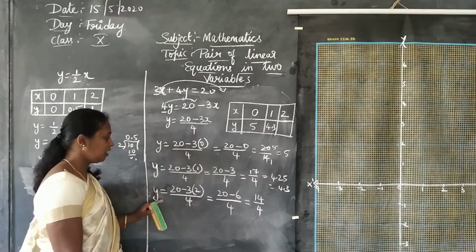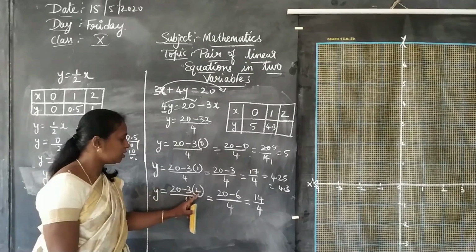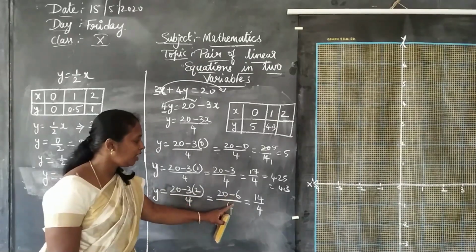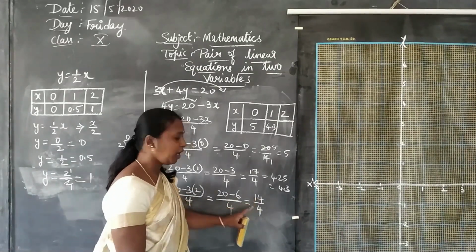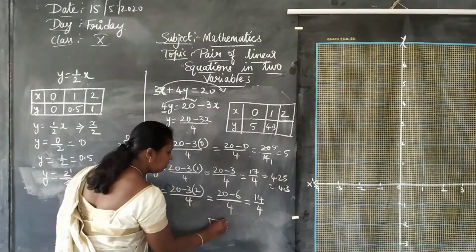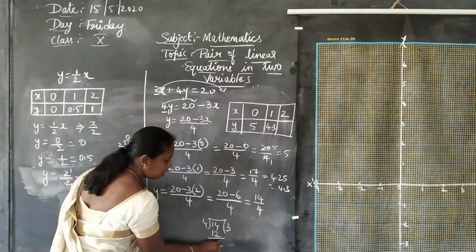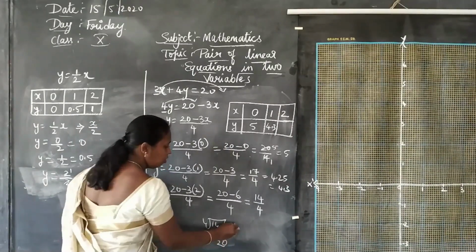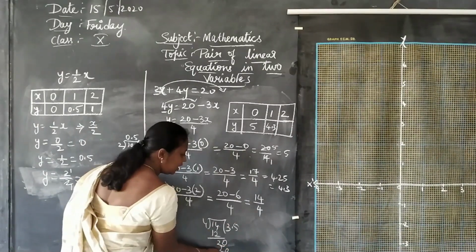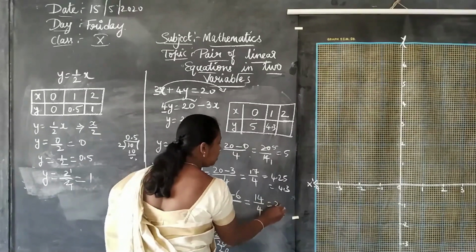Is it clear children? Divide 14 by 4. 4 threes are 12, remainder is 2.0. 4 fives are 20. So it is 3.5.